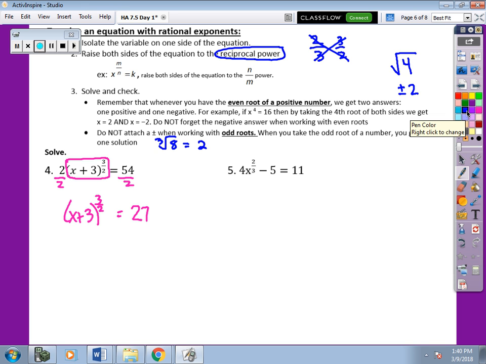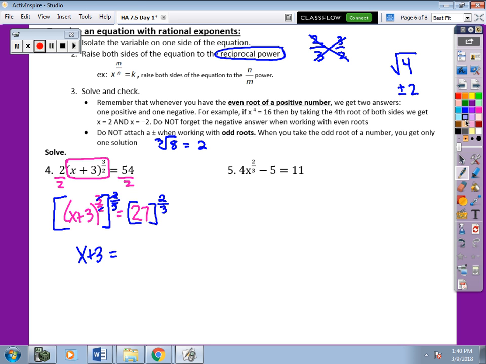Now we're going to raise both sides, usually I'll put brackets around them, since I already have parentheses, to the reciprocal power, which would be our 2/3 power. So that these, again, will divide out, or get you 6/6, which is then just 1, so this is just x plus 3.